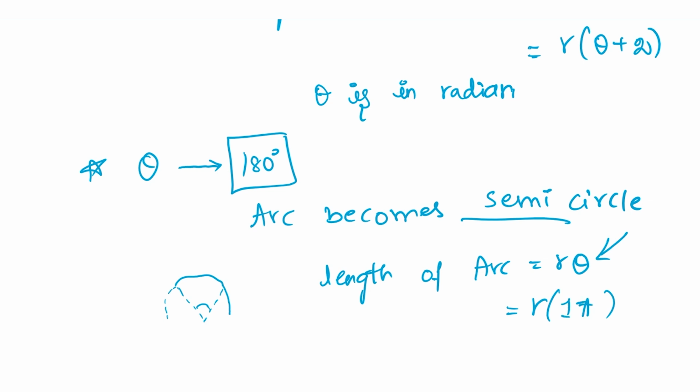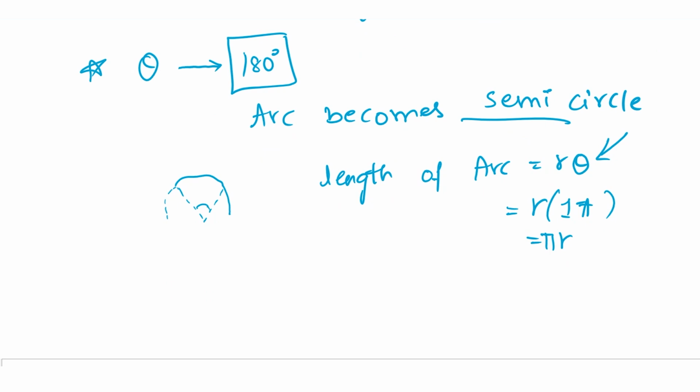So r times 1 pi is pi r. This is the length of the semicircle. We know that for a full circle it will be 2 pi r. For a half circle it will be half of that, pi r.